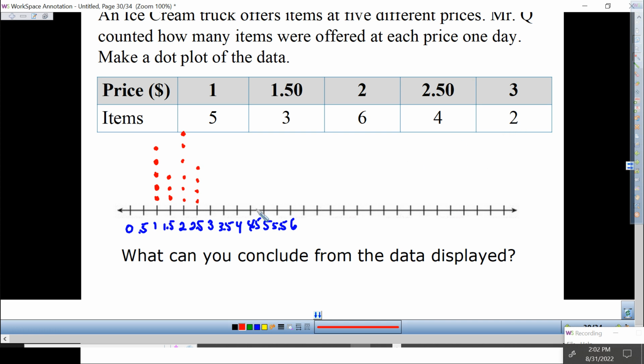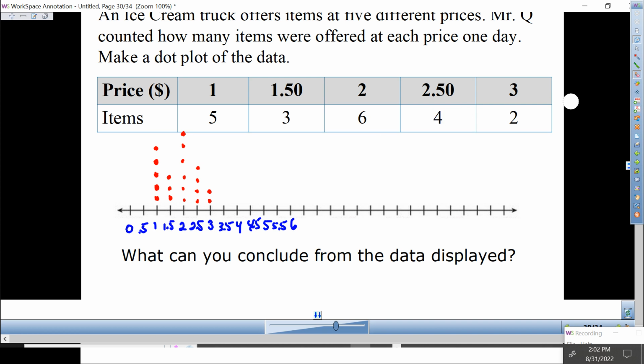And 2 of $3. 1, 2, 3. Pretty good, yeah? Oh, 2. Yeah, I did that on purpose, see if you were paying attention.